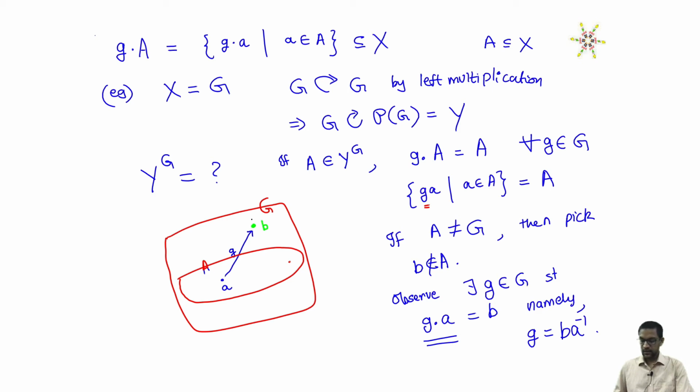It says that there cannot really exist any subset A which is a fixed point for this action. Because I can always find an appropriate group element which will take a point A which is inside this subset to a point B which is outside this subset. So what does that mean? This means, observe, A cannot be a fixed point.